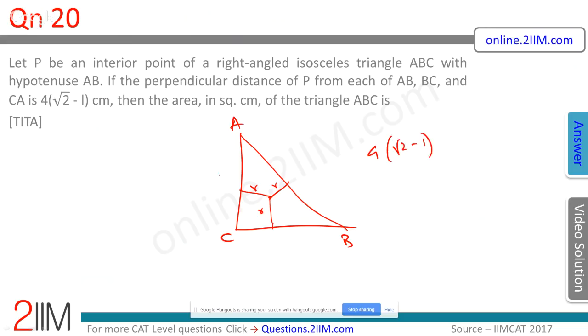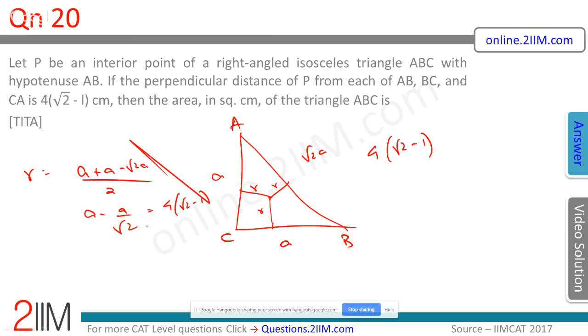This is a right angle triangle with sides A, A, root 2 A. The inradius r is (A plus A minus root 2 A)/2, that is (a plus b minus h)/2, which is (2A minus root 2 A)/2, or A minus A by root 2, equals 4 into root 2 minus 1.